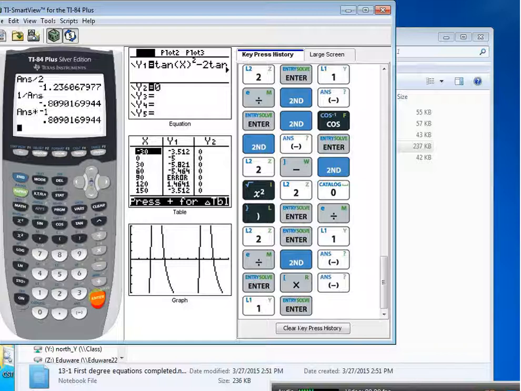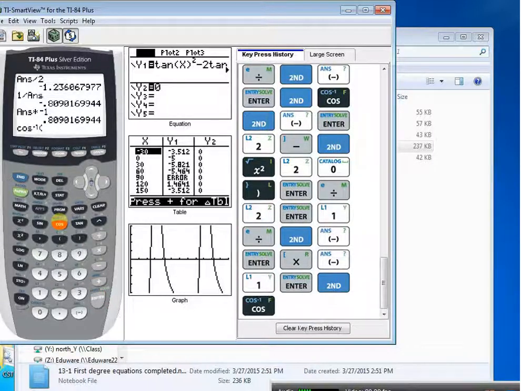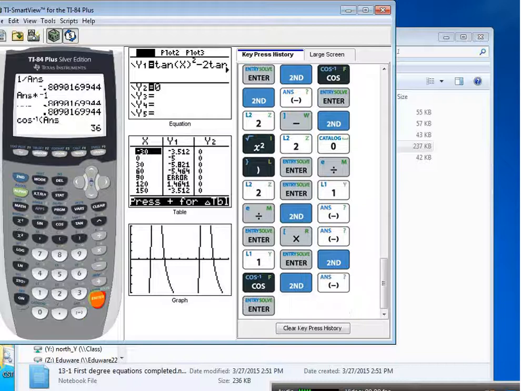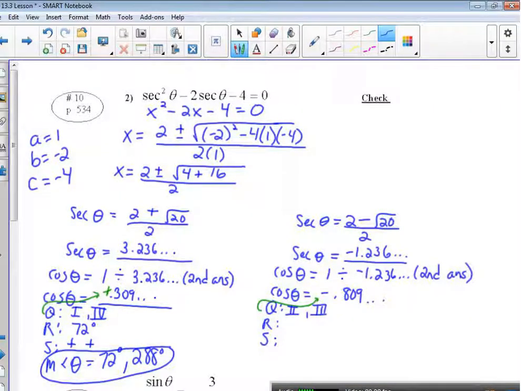I want a positive reference angle, and then do second cos, second ans. 36. Exactly. Makes sense. The other one was. So the measure of angle theta is equal to 180 minus 36, 144, and 180 plus 36, 216.